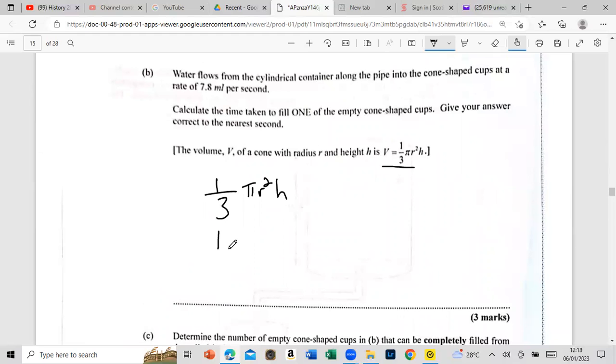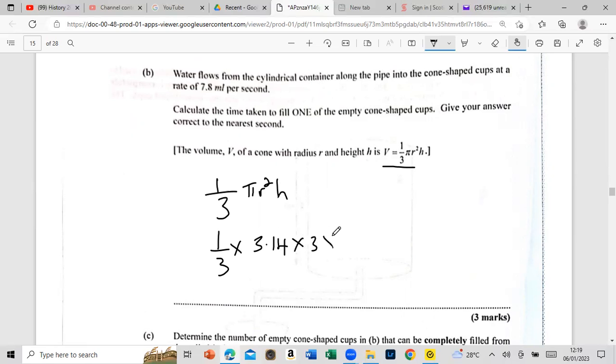So it's 1/3 times pi times the radius 3 times 3, and the height was 8. Punch it into the calculator and see how much that works out.